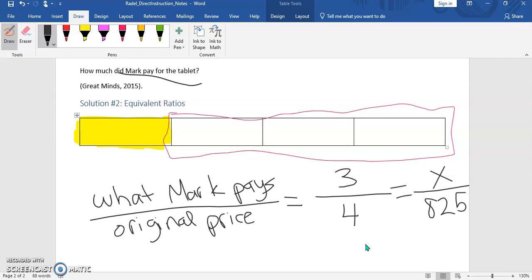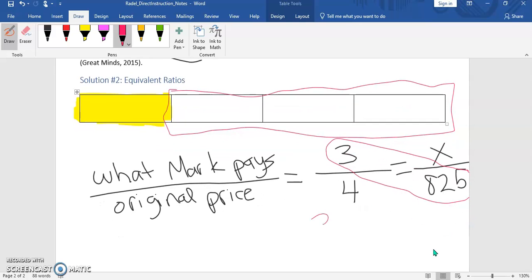Whenever we have a ratio or a fraction equal to another fraction, we can solve for one piece of missing information by cross-multiplying. I am going to multiply these two numbers, 3 times 825.